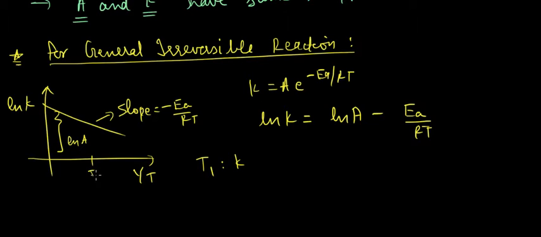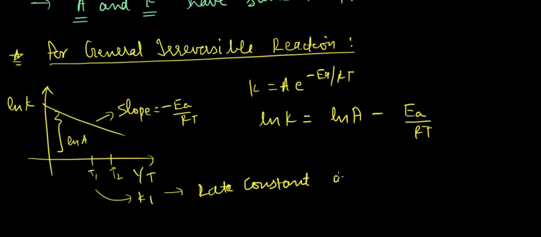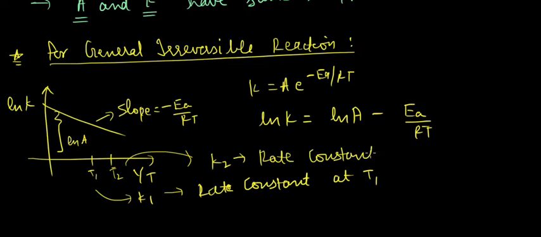Let's say we have points T1 and T2, so we have a pair T1 comma K1, where K1 is the rate constant at temperature T1, and similarly K2 is the rate constant at temperature T2.